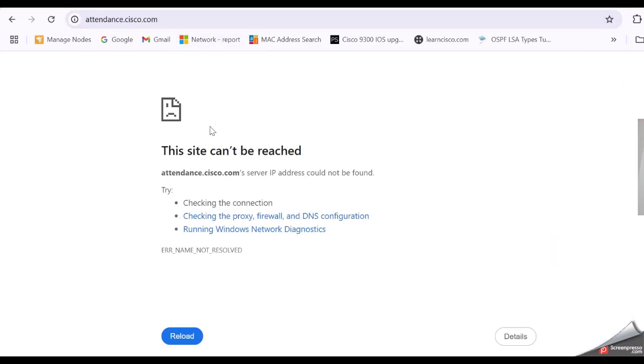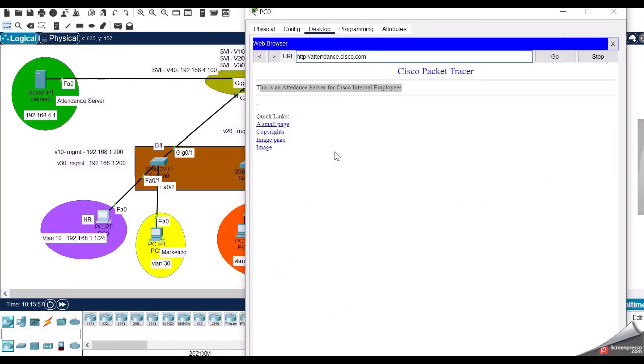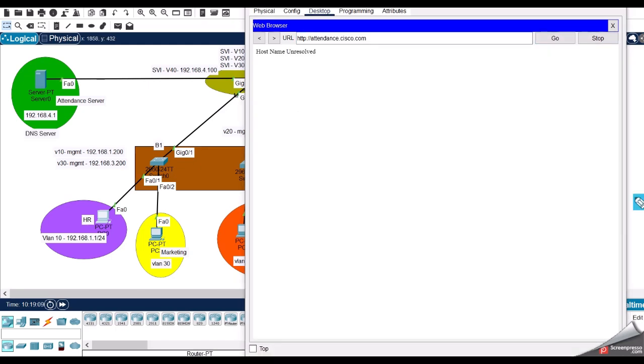It will not work here because this computer is not from their LAN network. If you type attendance.cisco.com and click go, it will not work because there is nothing to resolve that URL. We get a host name unresolved error, which is expected, because there is no DNS entry.